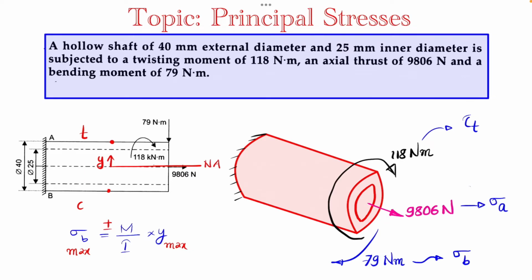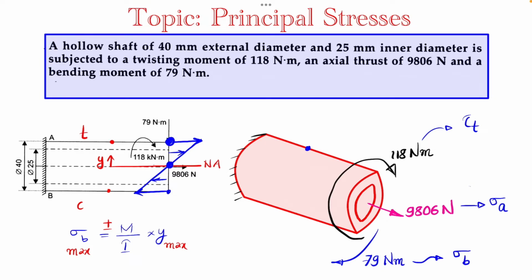If you draw the variation, at this location maximum tensile stress will be coming, and at this location maximum compressive stress, and along the neutral axis there will be zero bending stress. If you combine the effect of axial load, the torque, and the bending load, the critical element will lie at this topmost point.